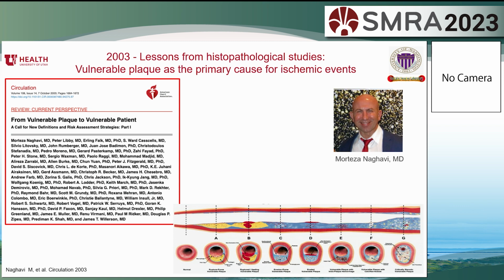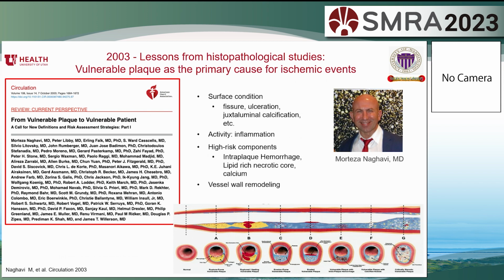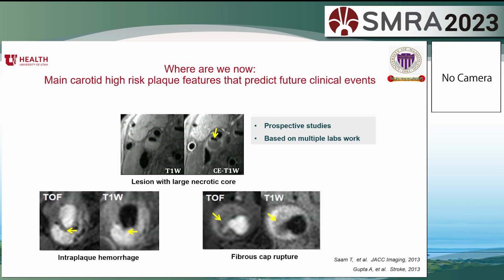And as you can see, this is how this field actually developed, there's an intersection of where MRI imaging is going, where histology is going, and where the cardiology field is going. So we, with many labs working in this vessel imaging field, essentially came to an agreement that in carotids, these are the so-called high-risk features, including a large lipid-rich necrotic core, or intraplaque hemorrhage, and also fibrous cap rupture.